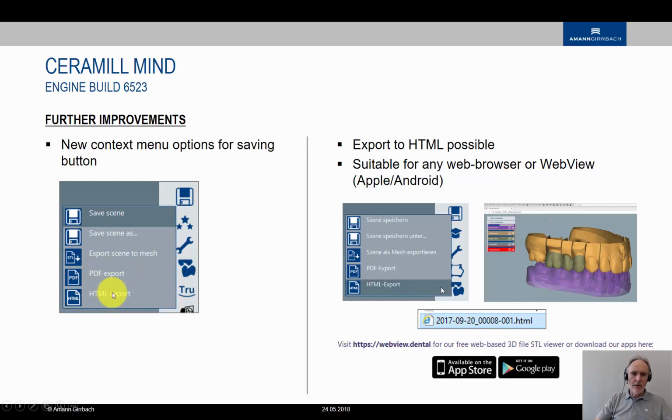HTML works like a browser page, and this is nice if you want to send the files to your dentist and he has only a browser but no 3D program to view your files, and he wants to move and rotate the files to have a closer view. Then you can send the HTML files and he can directly open them in the browser.